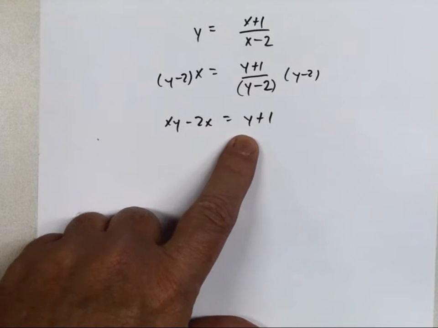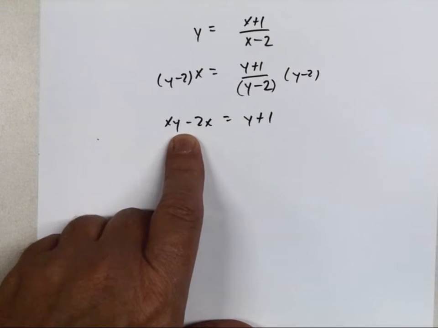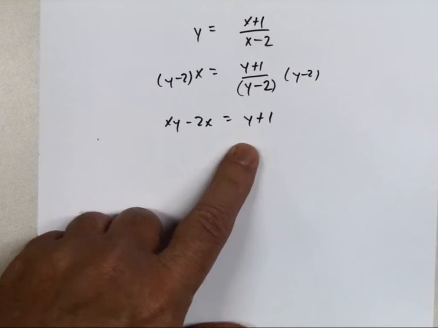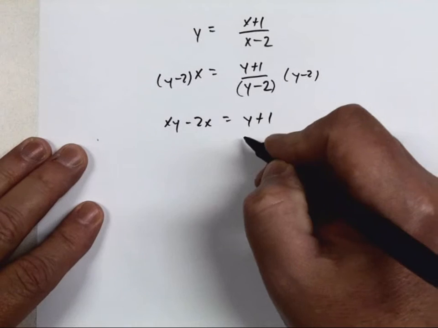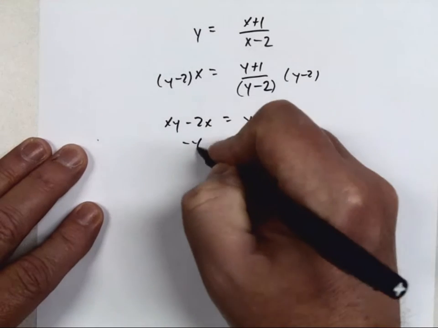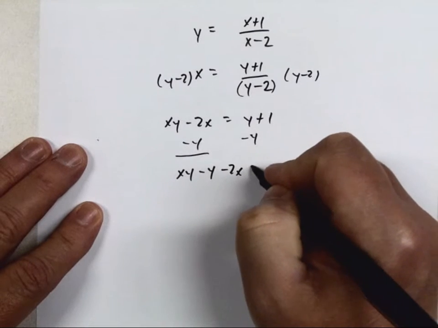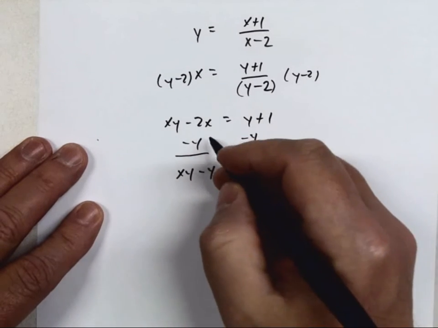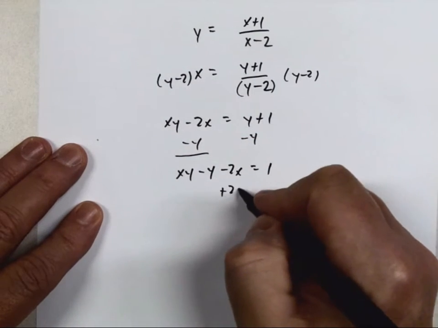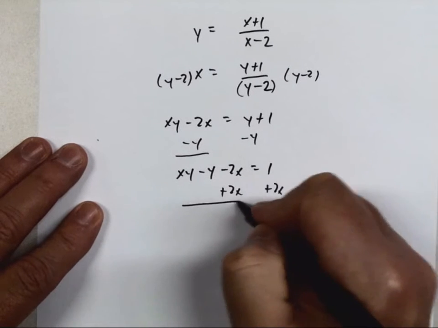So I'm going to, anything that has a y, I'm going to move to the left-hand side. And if it does not have a y, I'll move to the right-hand side. So hopefully you can see I'm going to subtract y from both sides. And then I need to subtract or add 2x to both sides.